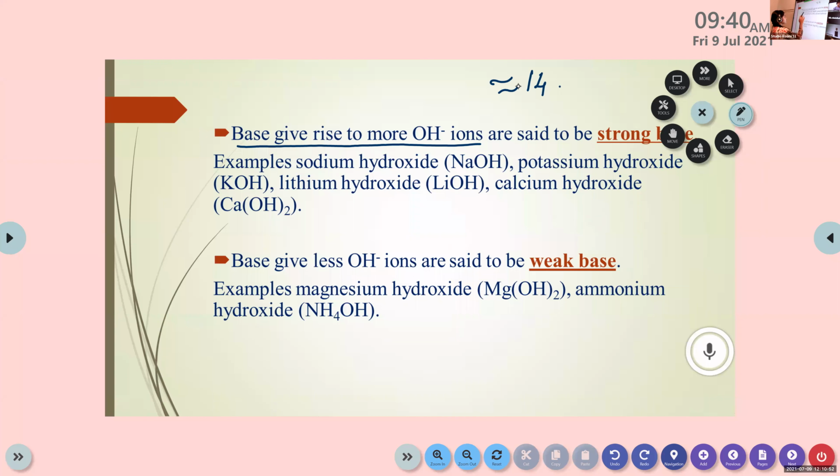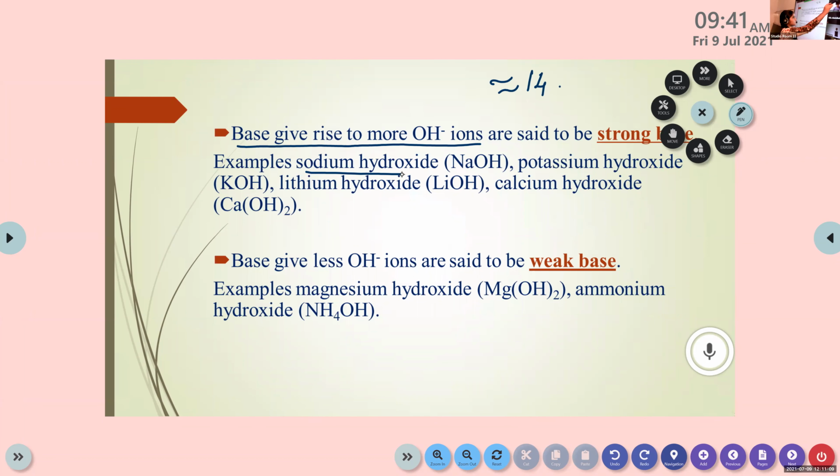Then the examples for the strong bases: sodium hydroxide, NaOH, potassium hydroxide, KOH, lithium hydroxide, LiOH, then calcium hydroxide, Ca(OH)2. These are the examples of strong bases.